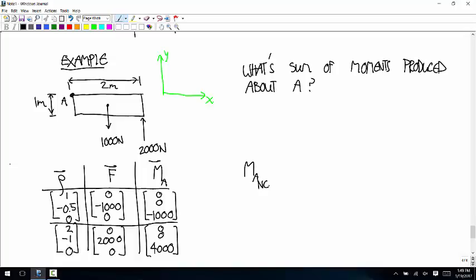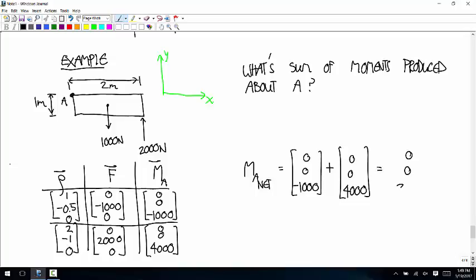So the net moment at A is equal to 0, 0, negative 1,000 plus 0, 0, 4,000. And it gives you 0, 0, 3,000. And the units are Newton meters.